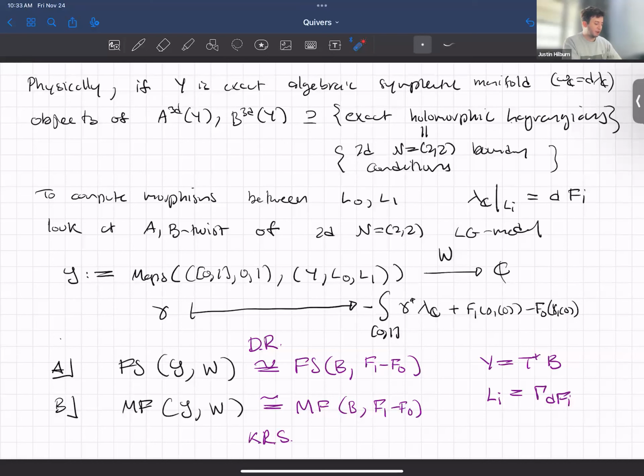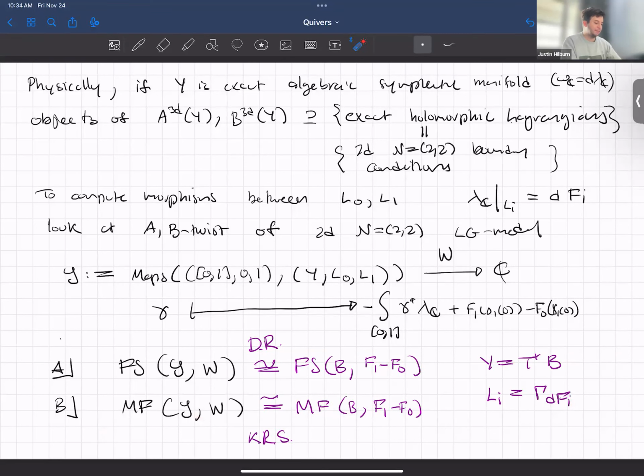So the objects in either the A-type 2-category or the B-type 2-category are going to be exact holomorphic Lagrangians, and the morphisms between them are going to be given by either the Fukaya-Seidel category of this mapping space with potential, or the matrix factorizations of this mapping space with superpotential, depending on whether you want the A twist or the B twist.